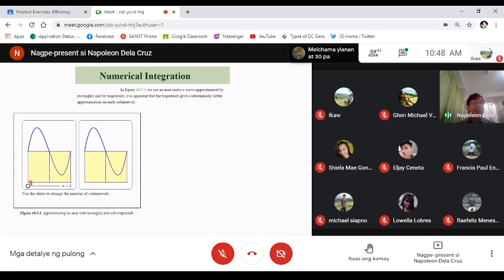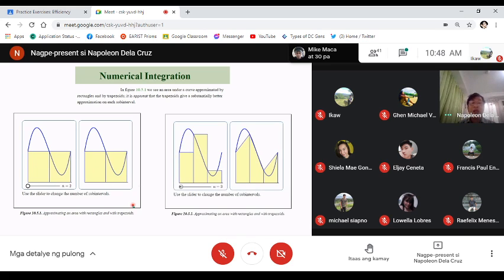Ito ang isosolve natin. Tapos, ito, hindi under, ito, representing that one. That's why, somewhat, we are also solving the area under the curve. Okay? Pagka dumadami ang paghihahati-hati natin, okay?